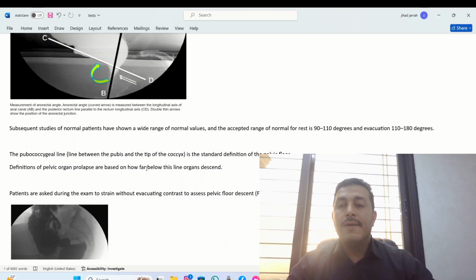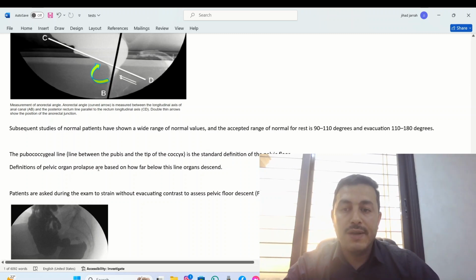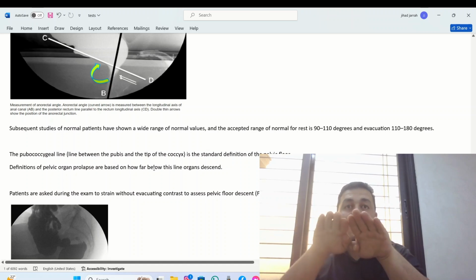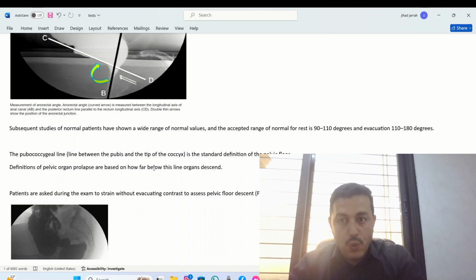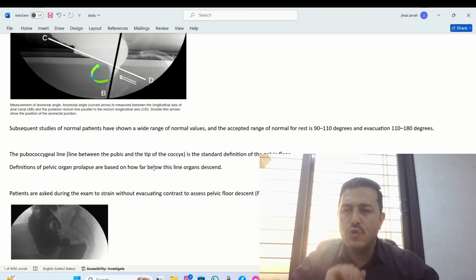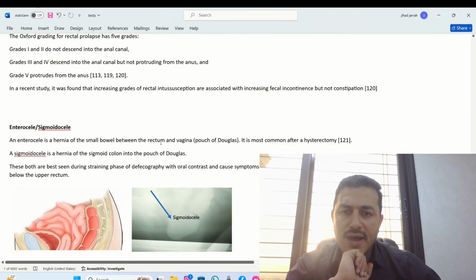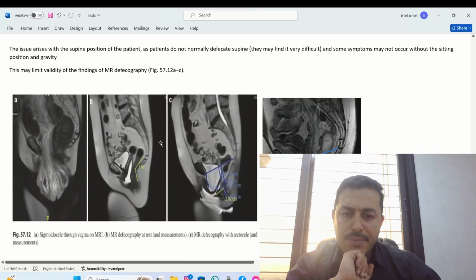And so pelvic organ prolapse is graded based on how far below the pubococcygeal line the organ will descend. To show you where the pubococcygeal line is, I think we have a picture here.